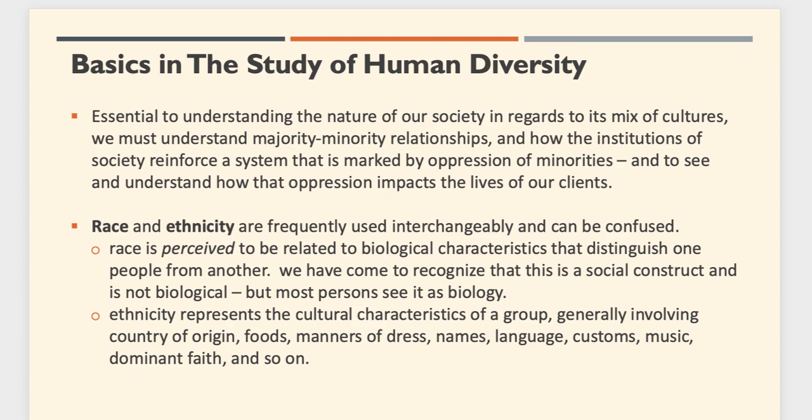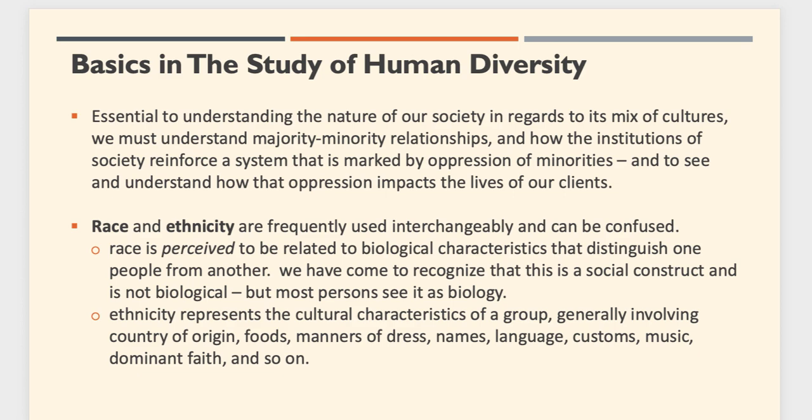Generally speaking, when we talk about race, we're talking about skin color and certain characteristics that may be dominant in particular racial groups. Over time, we have come to recognize that race really is a social construct and it isn't biological, but we still tend to see this as biology.